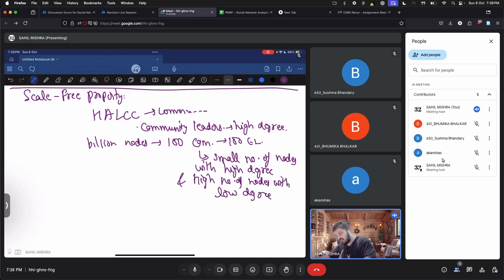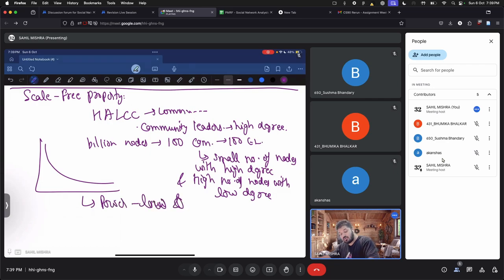This will look something like this, and this is what is called power law, or the scale free property, you can say.